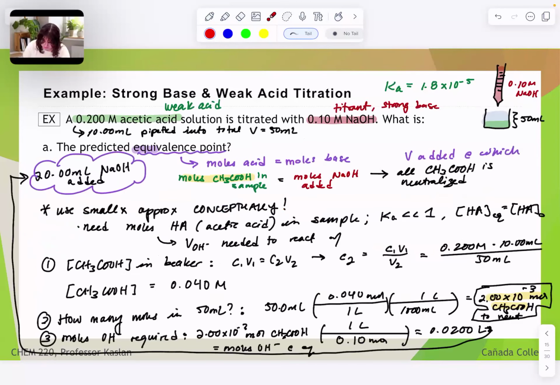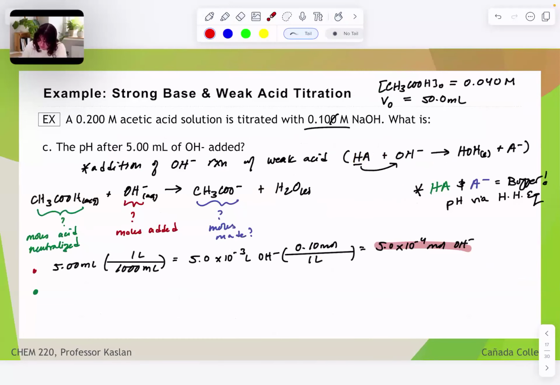Going back to our original calculation, we predicted we needed 20 mL or 2 times 10 to the negative 3 moles of acetic acid and moles of hydroxide present. That is significantly larger than the amount of moles that we presently have added.